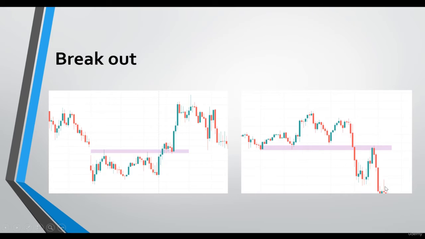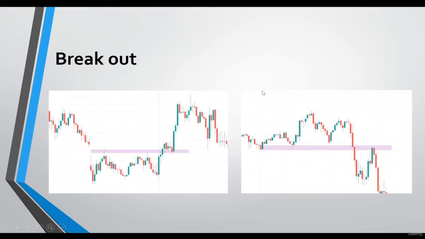But pullback can be different. In the picture on the left, we have a pullback, and the rest of the trend would be a bullish trend. But on the right, we have a pullback, and for the rest of the trend, we have a bearish trend. Finally, I can say these two photos were about breakout.